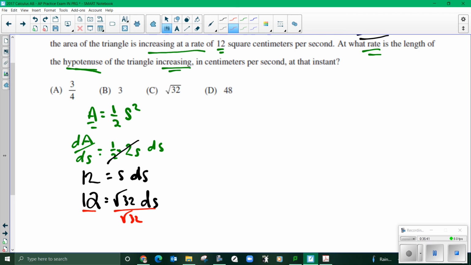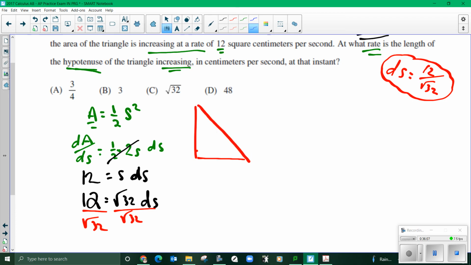You're saying to yourself, why do we need that? So ds equals 12 over the square root of 32. This is going to be helpful because now I need to find the rate of change of the hypotenuse. Keep in mind, I have an isosceles right triangle.